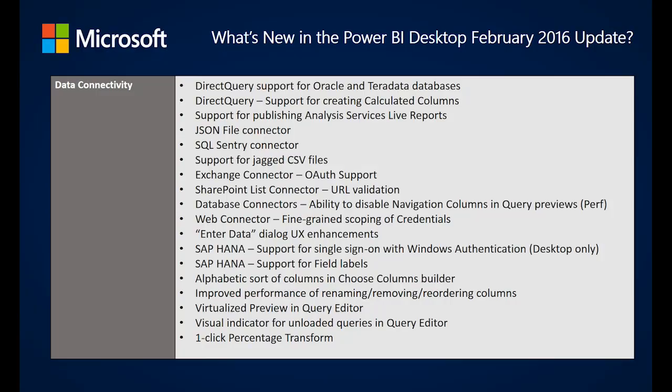The next item on the list is virtualized preview. This is kind of the technical name for it. What it really means is that we've improved our query editor preview capabilities so that you no longer have any limitations in the amount of data that can be displayed.